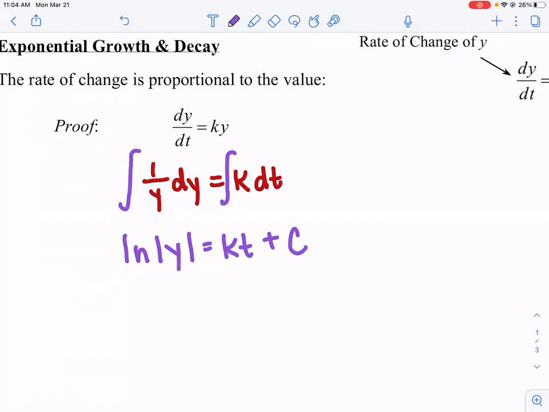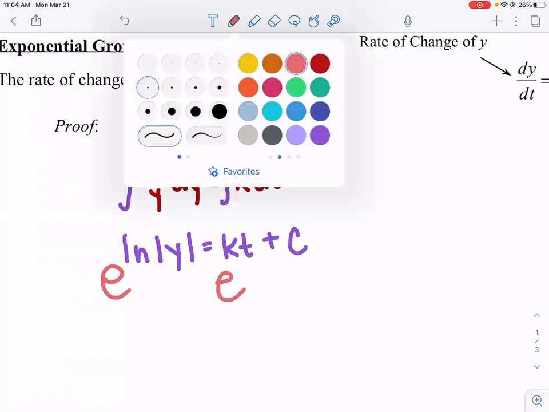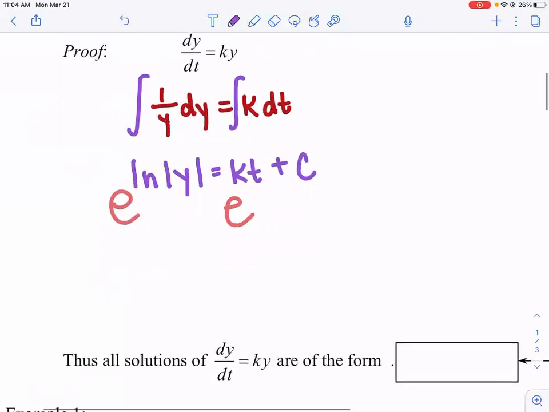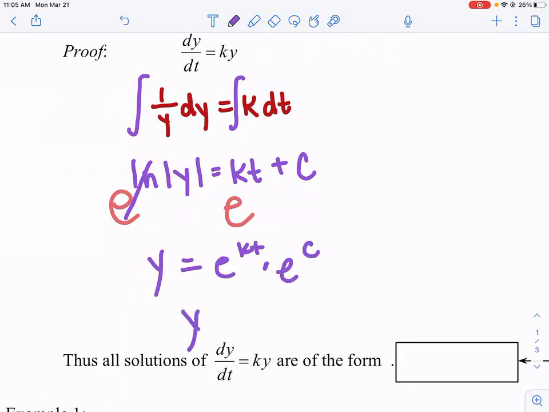Now how do we solve for y? We have to do that e thing. e to the natural log cancel out and we have y equals e to the kt times e to the c, which is really just a c, right?